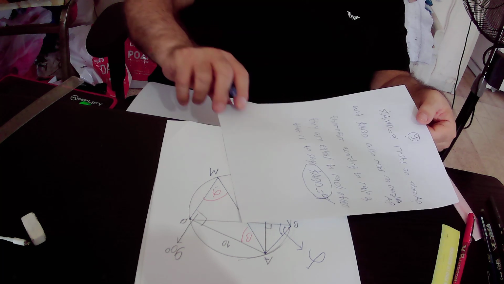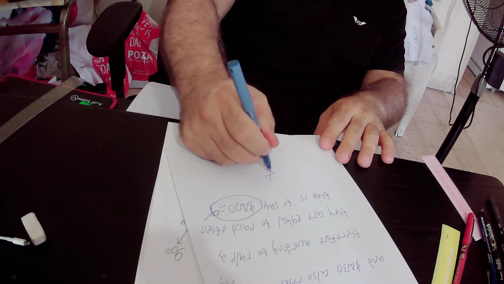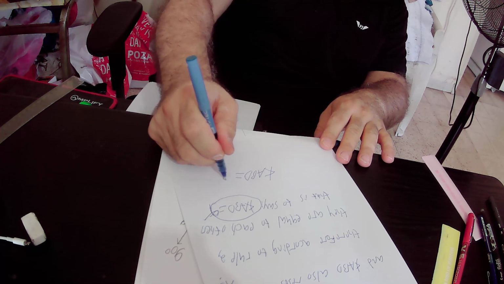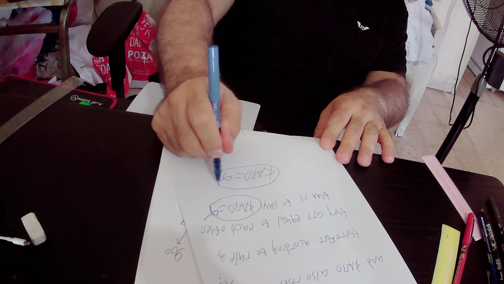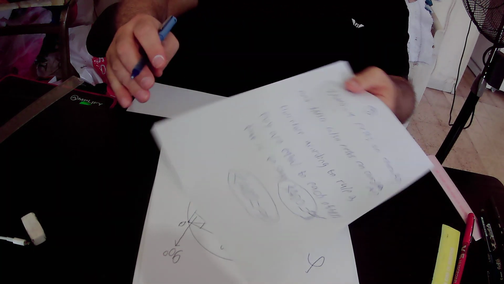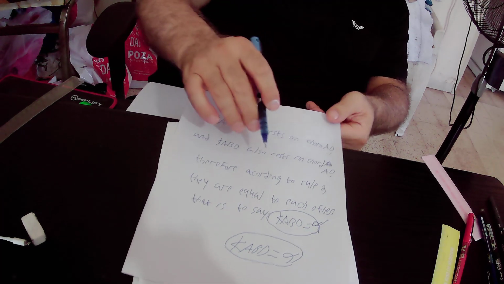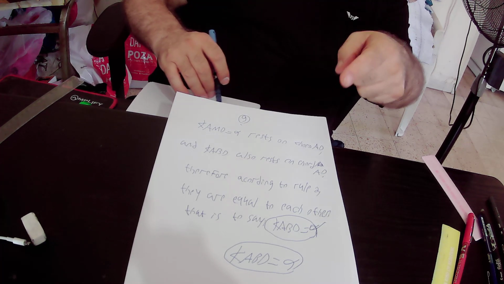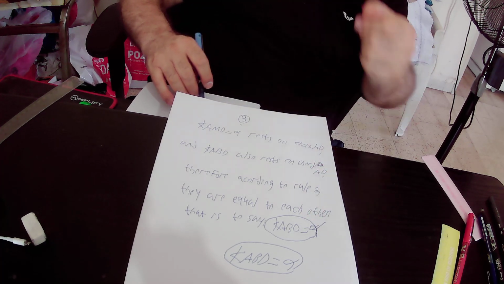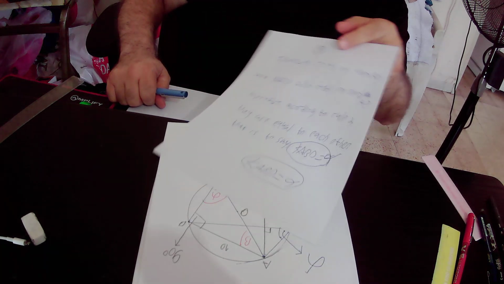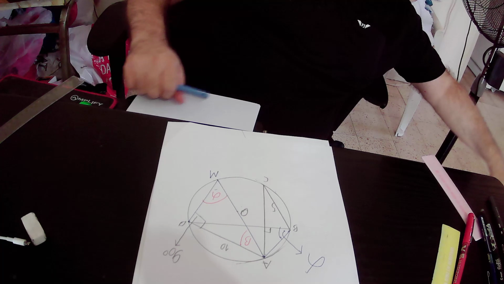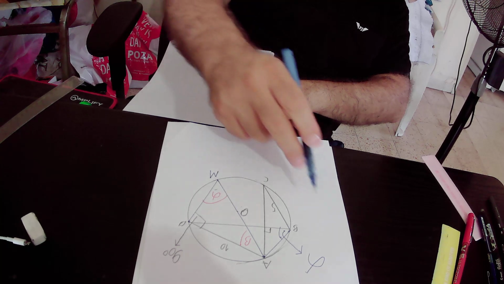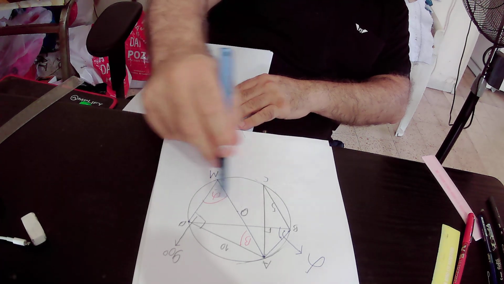I write it here again: angle ABD also equals angle alpha. Because those two angles rest on the same chord AD, they are equal to each other. So angle ABD equals alpha, according to rule number 2.